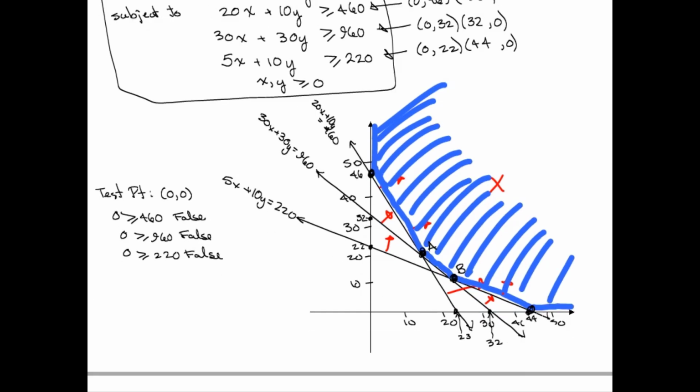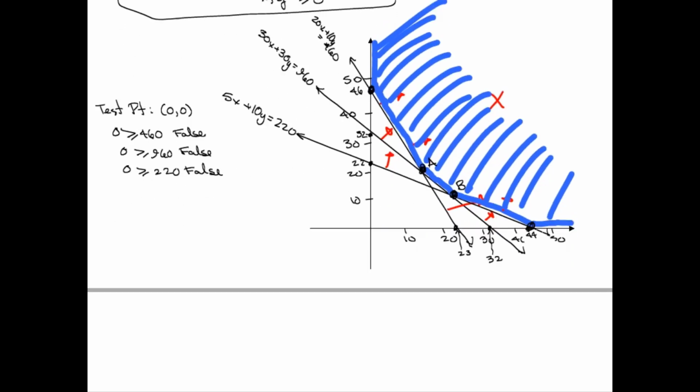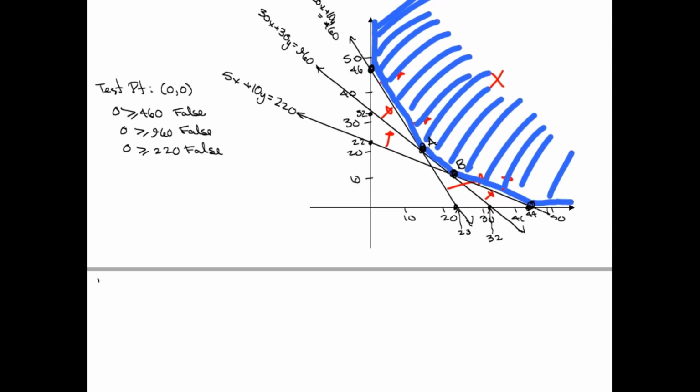So now we need to find those. Let's move down here. Okay, so for A, which lines do we need? We need 30x plus 30y equals 960.